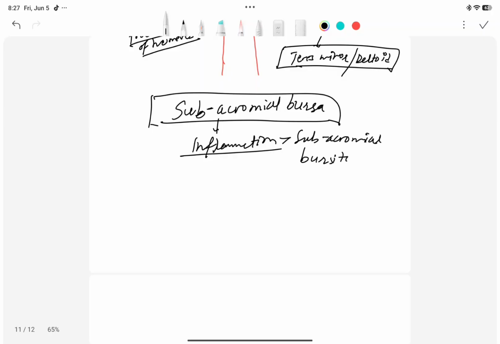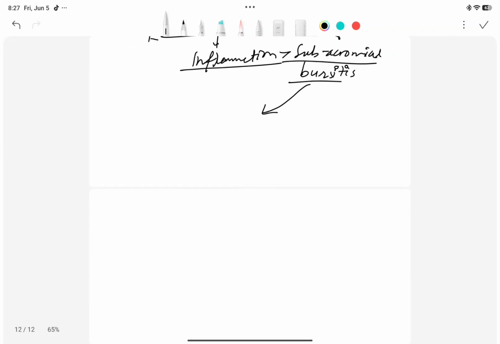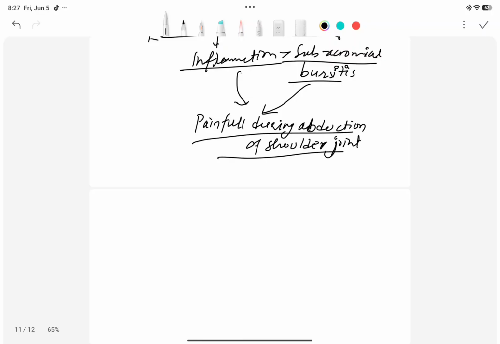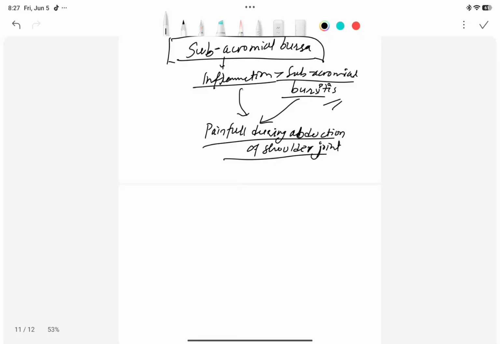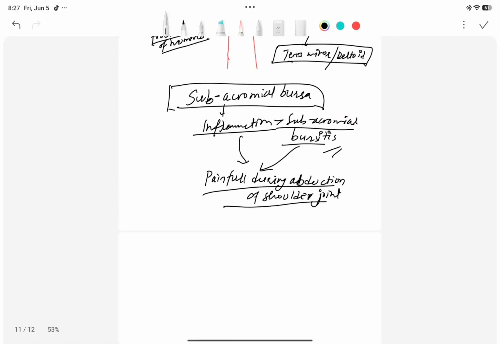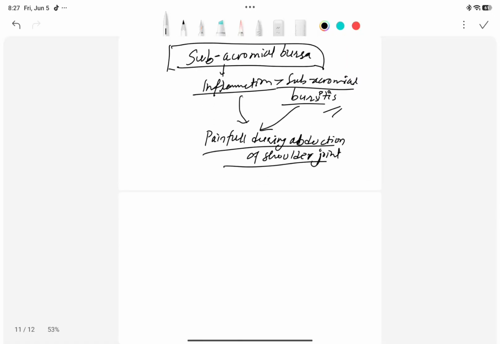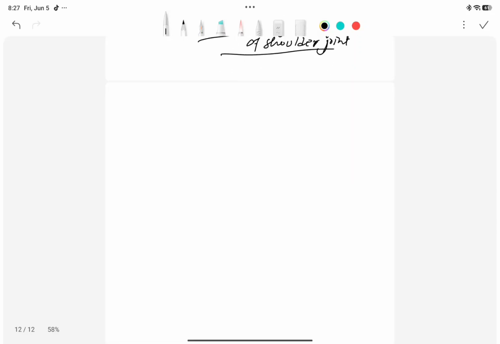When it is inflamed, it will be painful during abduction of the arm, the abduction of the shoulder joint, because the inflammation called subacromial bursitis is in the subacromial bursa, which is present just below the acromion.